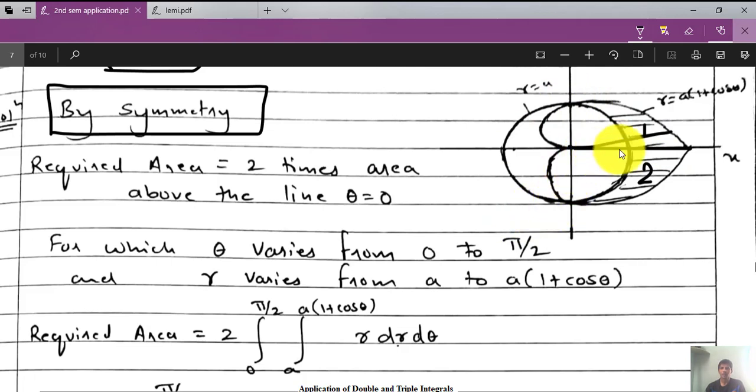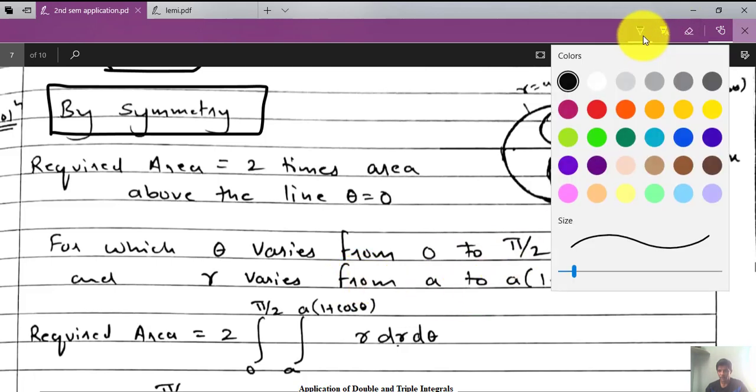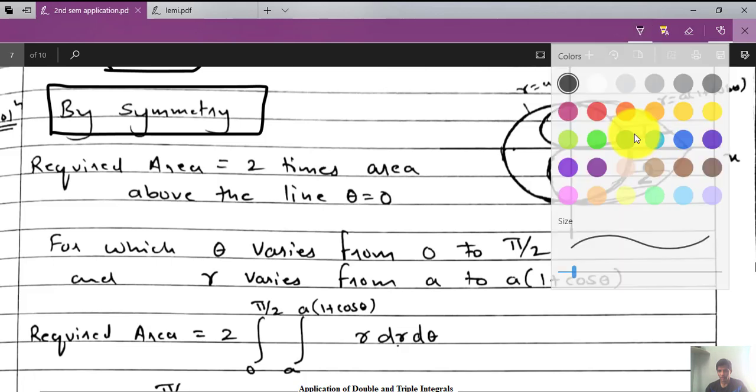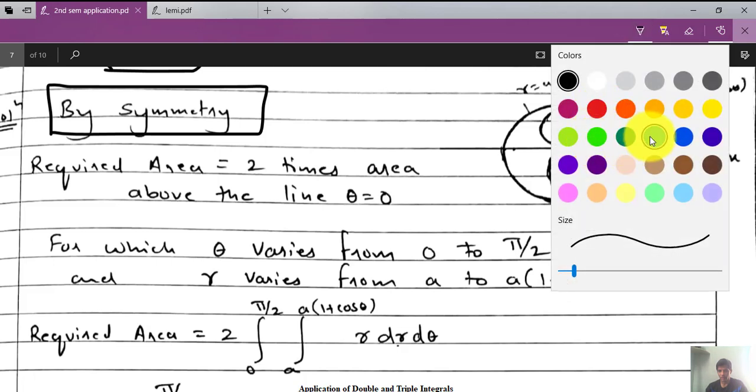And so what is the value of the curve? Here it is a, right? So what is the curve here? a(1 + cos theta). Let me check the previous one, yeah. So here the value of r is ranging from what? From a.